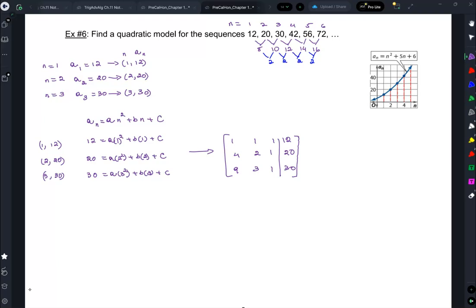But we also learned how to do it using your calculator. So you use your calculator for this. I'll give you the answers for this one. So you use your calculator and you put this in reduced row echelon form because we don't want to make more work for ourselves. When you do that, you get an identity matrix, with 1, 5, 6.